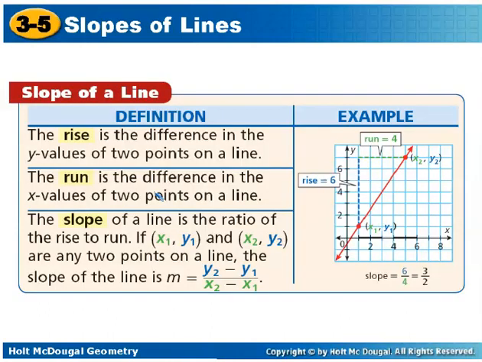Okay, here's a diagram that kind of goes through the definitions of those vocabulary words we had at the beginning. You'll notice here we have rise, we have run, and we have slope. But along with this section on slope, you can see here we have the formula for calculating it.